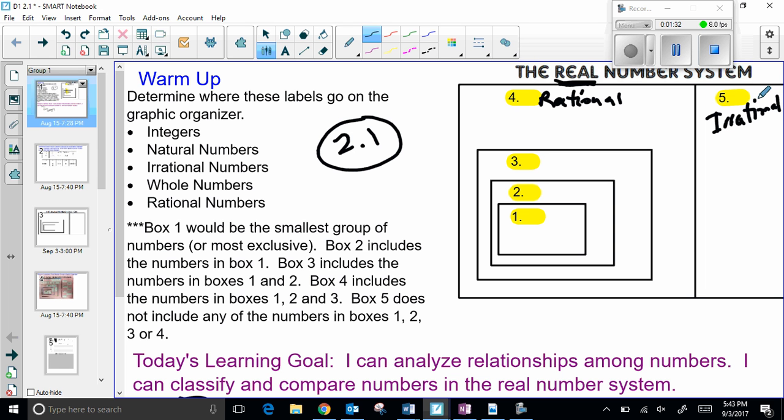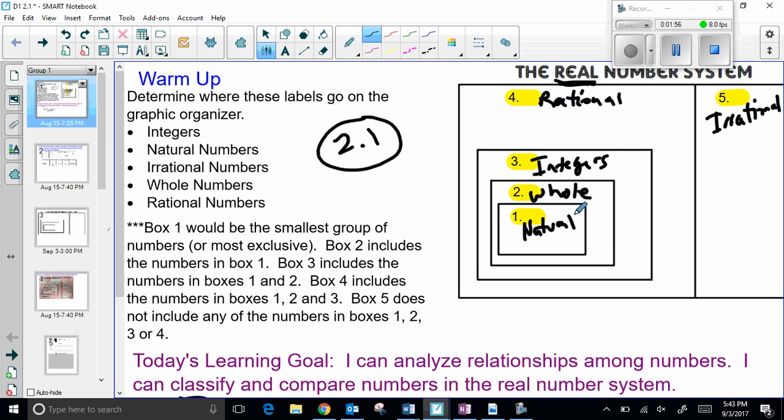Starting to run out of room. And then it gets more and more specific. All of the rational numbers fit in this box, but only some of them fit in as integers, whole numbers, and then natural numbers. We'll talk about that more on the following page. But basically, this is what's going on.